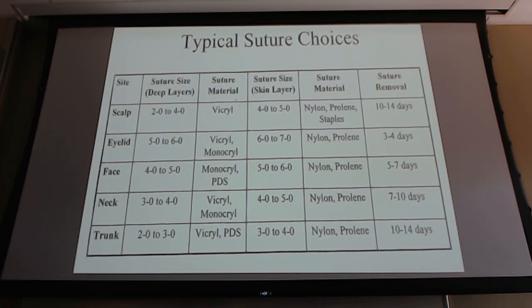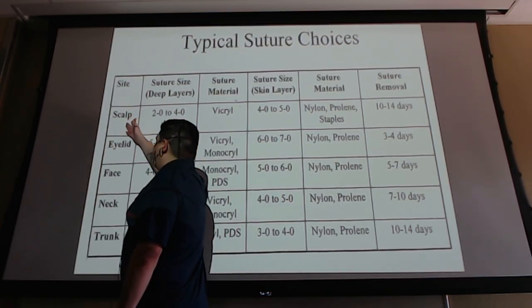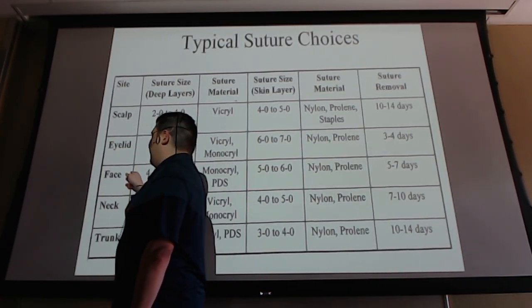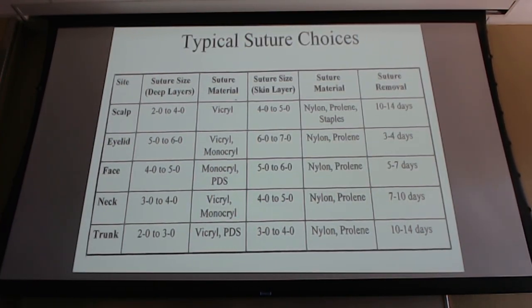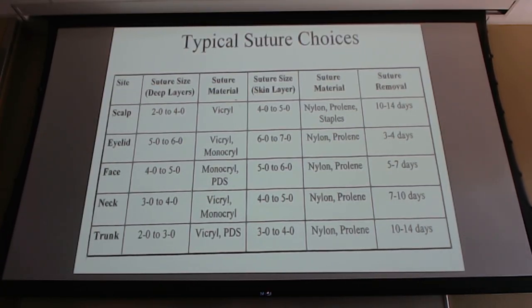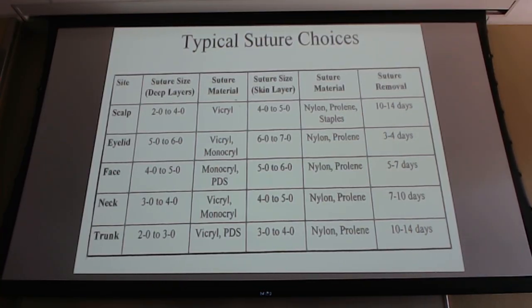All right, so here you go. I talked about a suture choice chart, and this is it. On here first, we're talking about the location. Where did this injury, this trauma, this laceration happen? Because those are different components to what we would be using, because of vascular and other things like that.